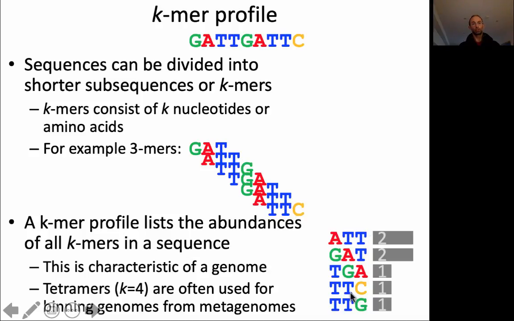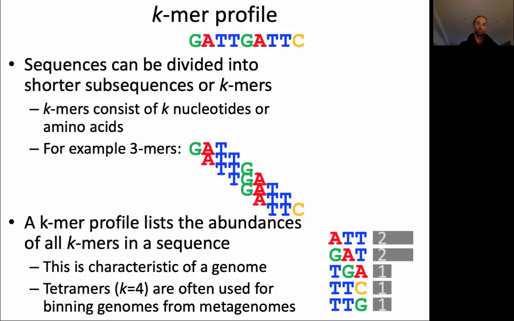This is a characteristic that is quite typical of a given bacterial sequence, because bacteria tend to use a certain type of nucleotide usage along the length of their genome. For example, in this sequence there's a lot of ATT and a lot of GAT, but less TGA, TTC, and TTG. If we make such profiles of k-mer abundance for each of the different contigs, then we see that they are quite similar between different contigs from the same bacterial genome.